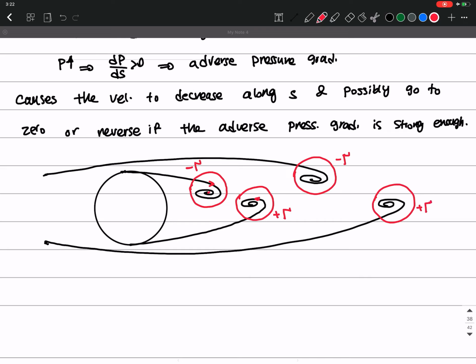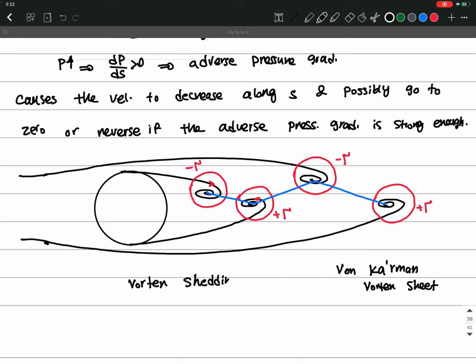And so this pattern that is formed is known as von Karman vortex sheet. You have these vortices that kind of are forming because of this cylinder here, and also they call this a vortex shedding too.